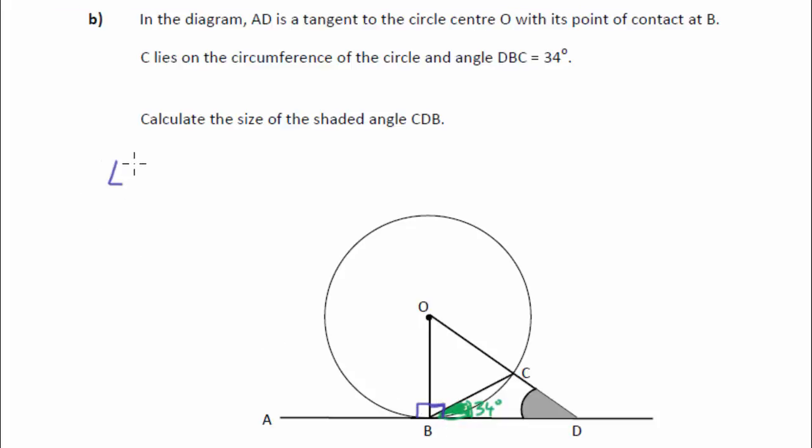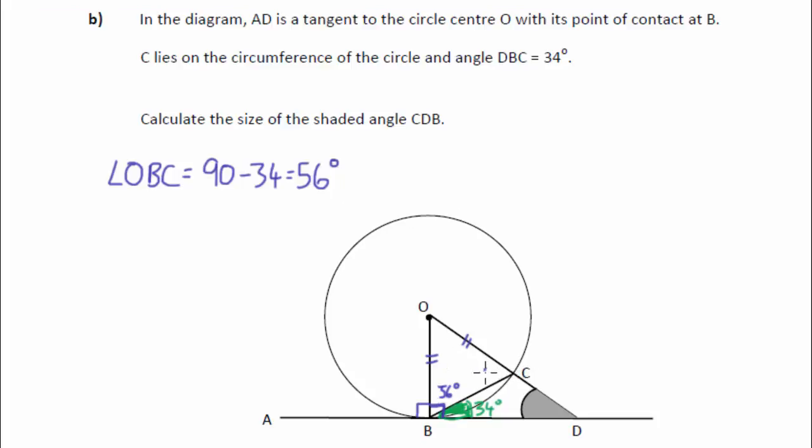So angle OBC equals 90 minus 34, and that equals 56 degrees. We also remember that this is going to be an isosceles triangle because two sides are the radius, because you've got a chord that intersects at 2 points in a circle.